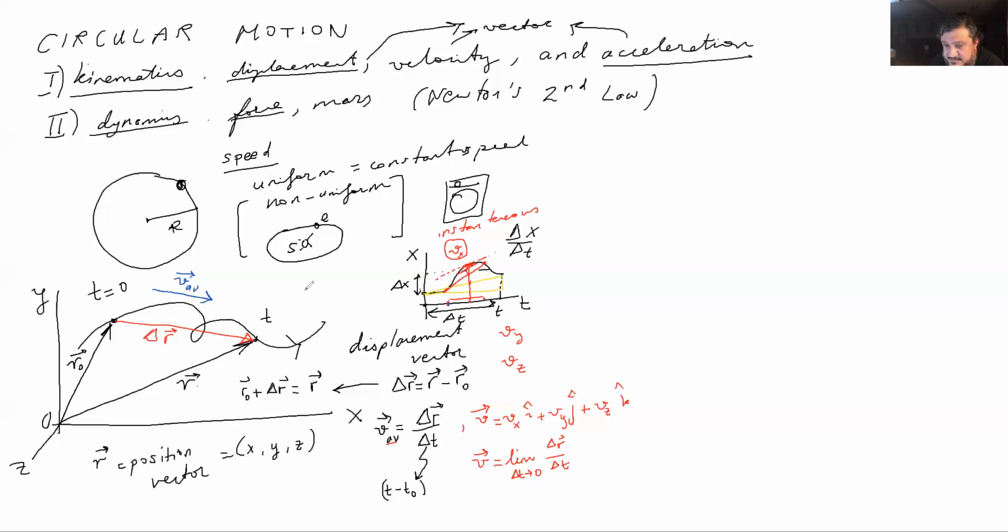Now, these vectors will be along the tangent line to the actual path at that point. So this will be v, the instantaneous velocity, v naught at t equals 0.